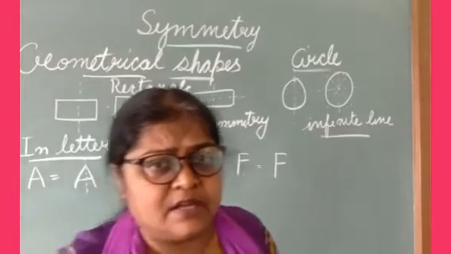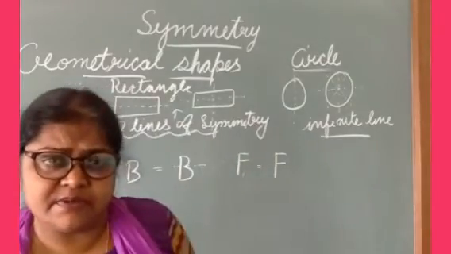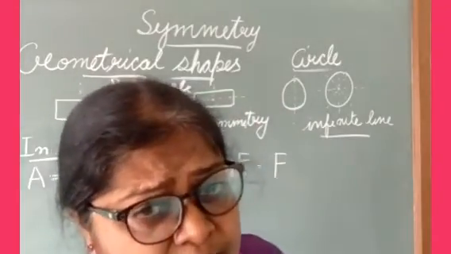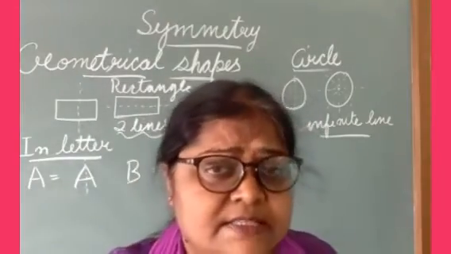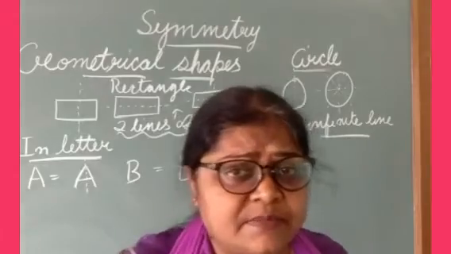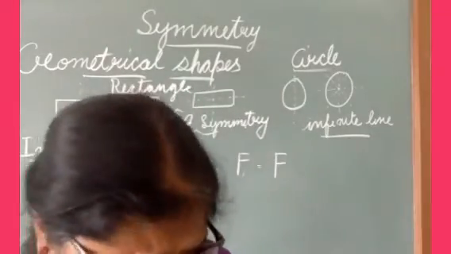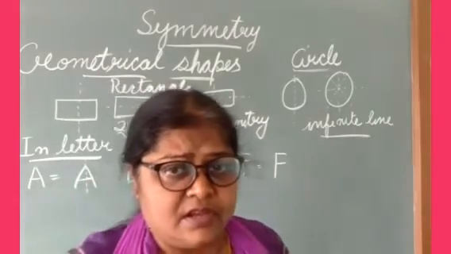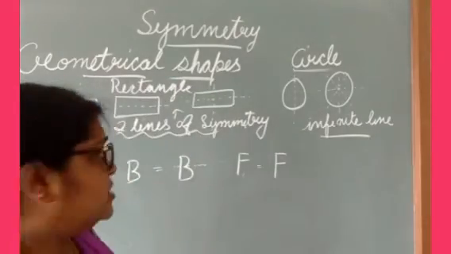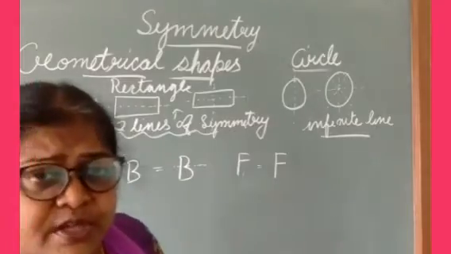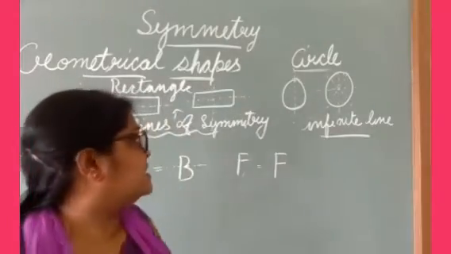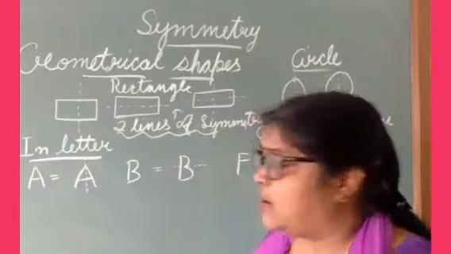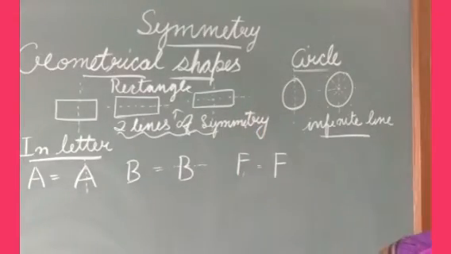So you have learned about symmetry and line of symmetry. Some letters have a line of symmetry and some letters do not have any line of symmetry. Understood? So what have you seen today? Today you have seen about geometrical shapes and also about letters.